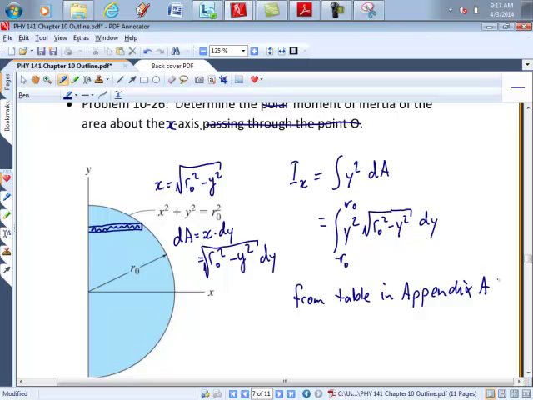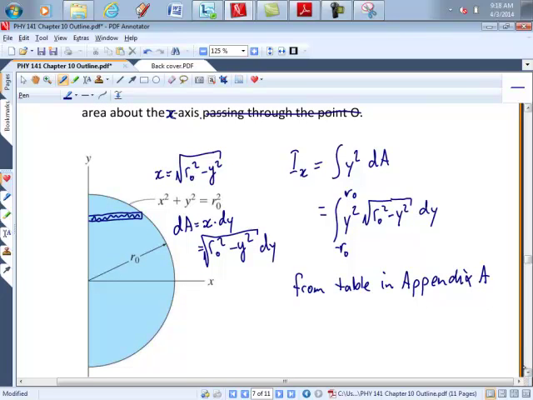And if we didn't have Appendix A, then one of the first things that we'd try is to integrate with respect to the other variable. And we're going to find we have something that's equally as ugly. So the table is going to help.